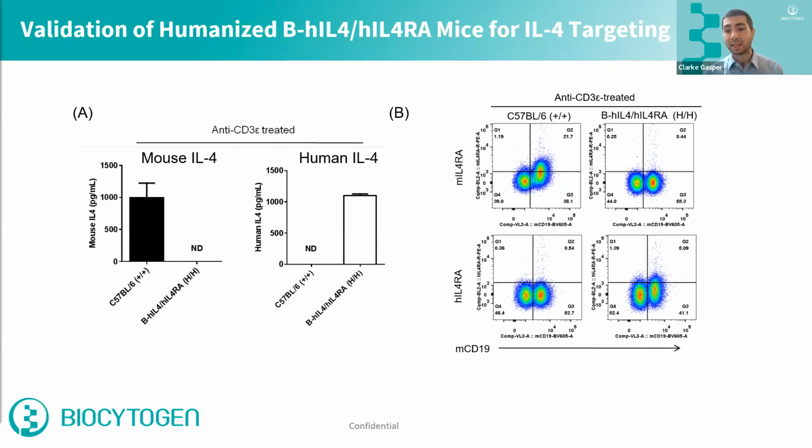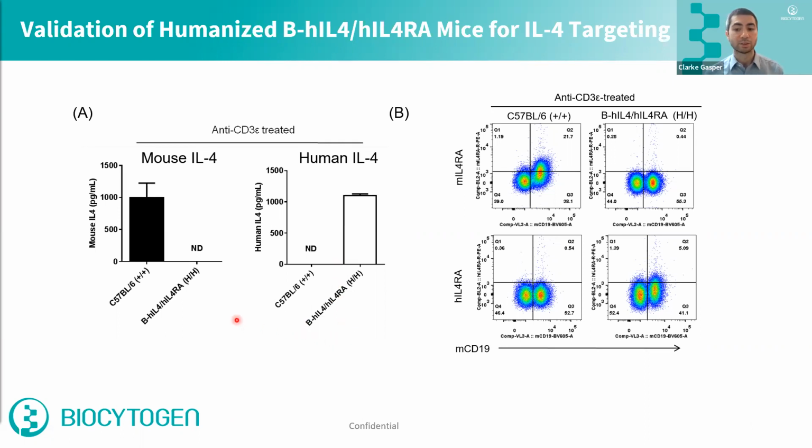And so in order to test the efficacy of novel IL-4 targeting drugs for asthma and other inflammatory diseases, Biocytogen has generated and validated a double humanized IL-4 receptor model. And so on the left, levels of mouse and human IL-4 were measured in the serum of black 6 mice and the humanized IL-4 mice.